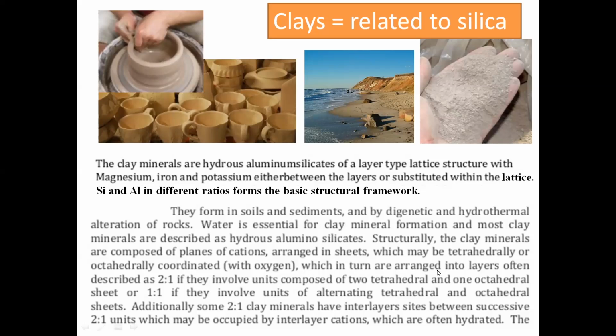which in turn arrange into layers often described as 2:1, if they involve units composed of two tetrahedral and one octahedral sheet. We'll get to the picture and see it. Normally, roughly, the ratio is 2:1 or 1:1.